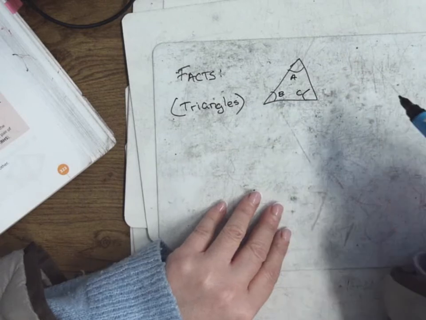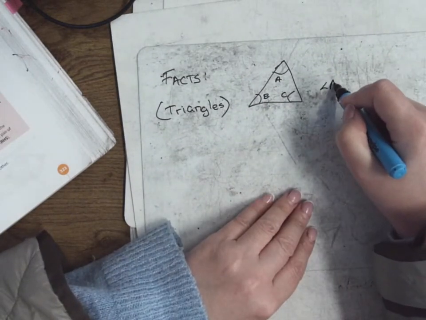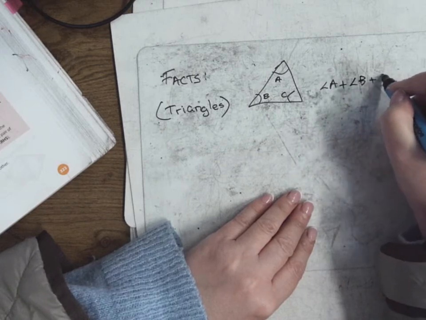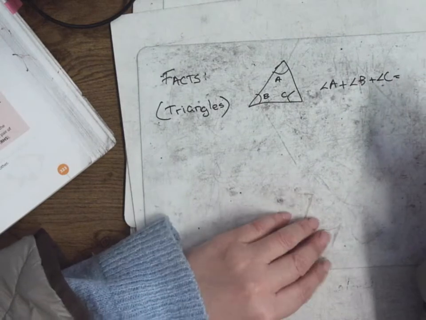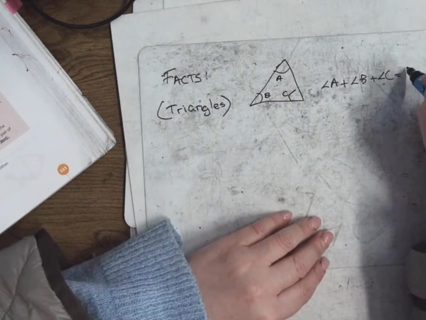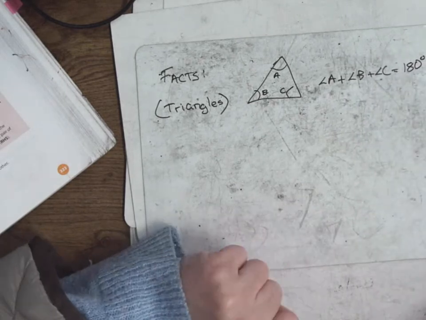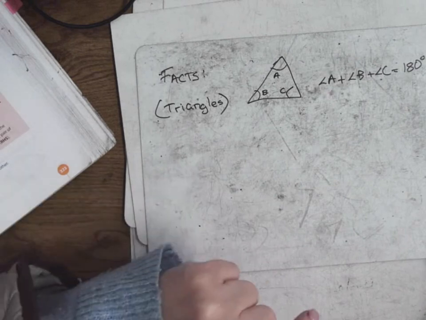What am I going to say? Angle A plus angle B plus angle C, when you add the three of them, what do you get? 180. The three angles in a triangle add to 180, right? Most important fact, okay? And we've used that when we did trigonometry.